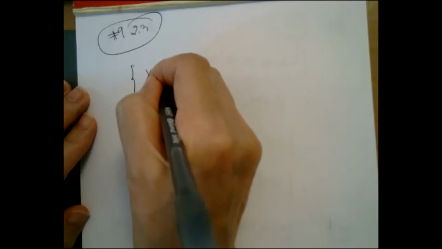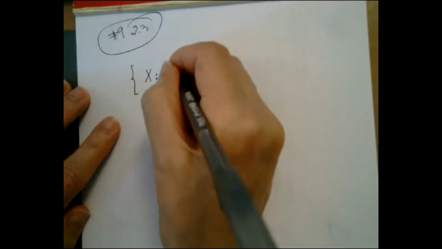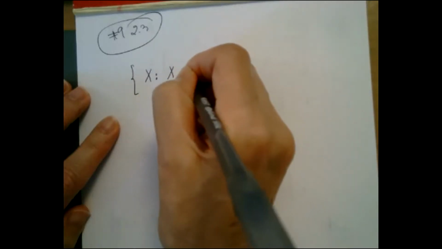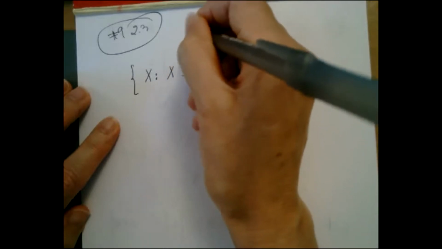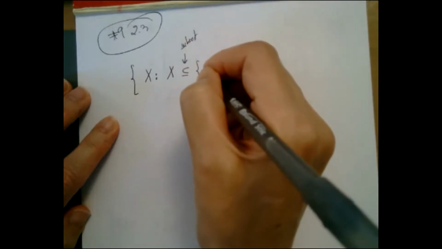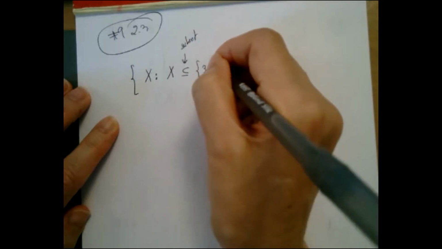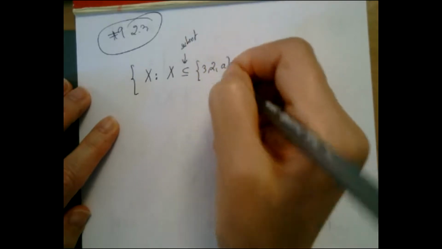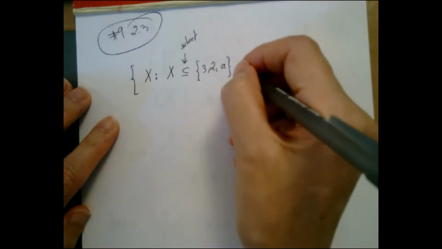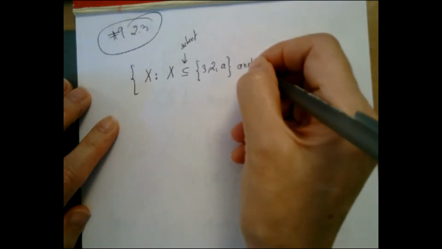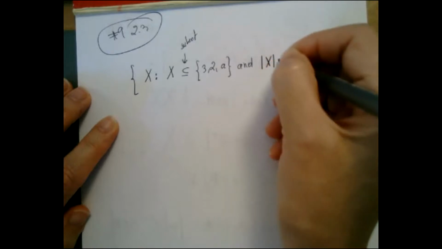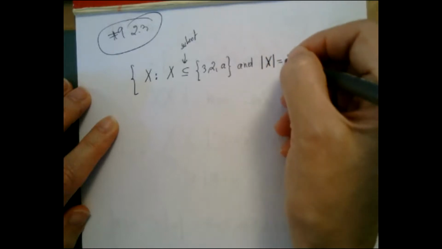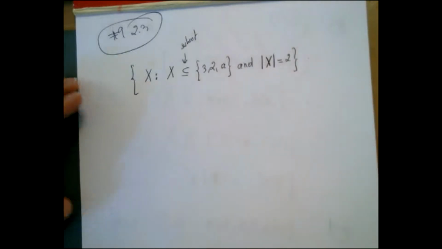So let us see, it's all the x's such that x is a subset, remember that means a subset, of the set {3, 2, 1}, and its cardinality, meaning the number of elements, has to be equal to 2.